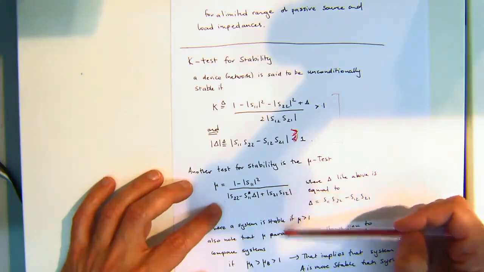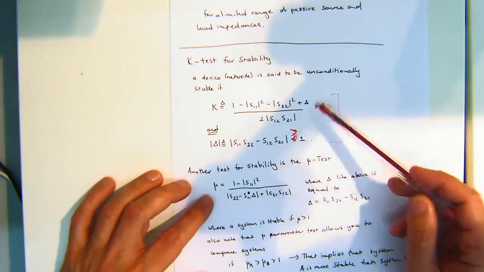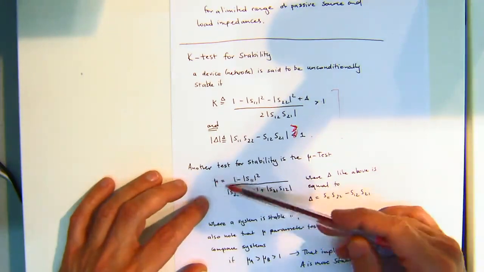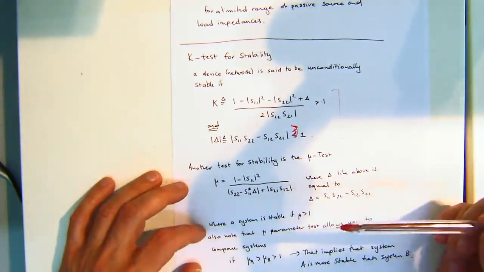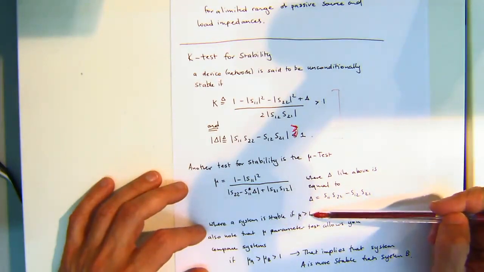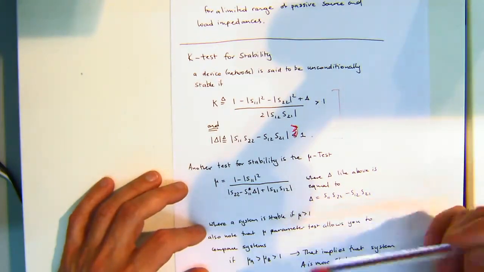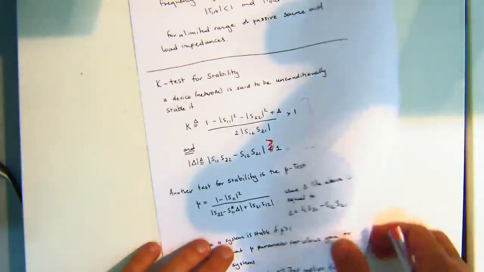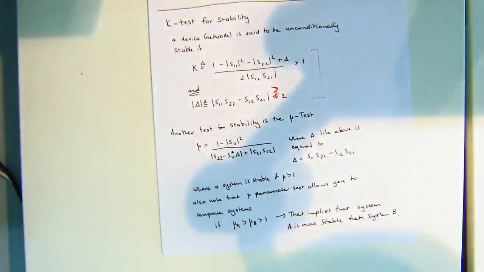The only advantage this mu test has over the K-test is that you can determine this value mu, and you know the system is unconditionally stable if mu is greater than 1, but you can also order systems. So you could say this system has a greater mu than that system, so the one with the greater mu is more stable.